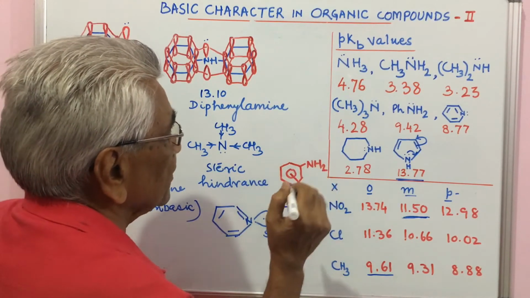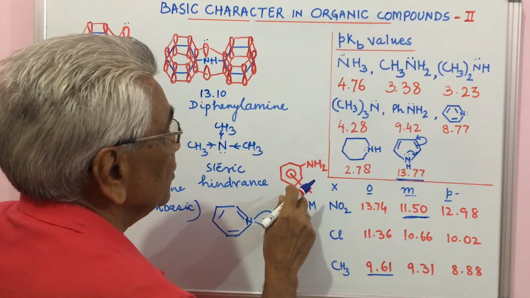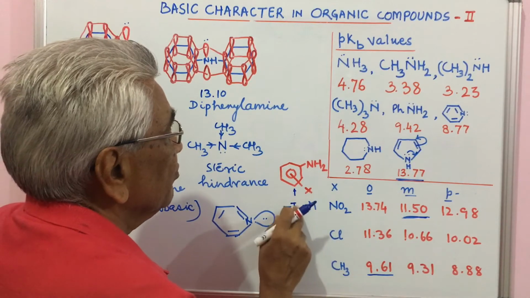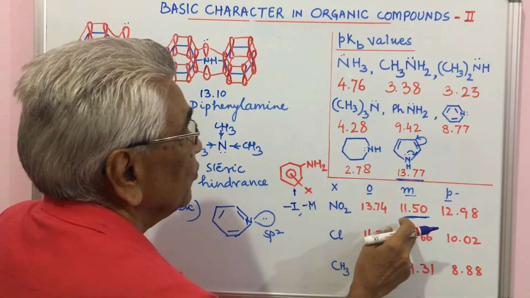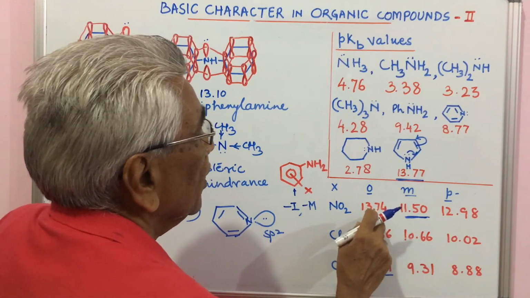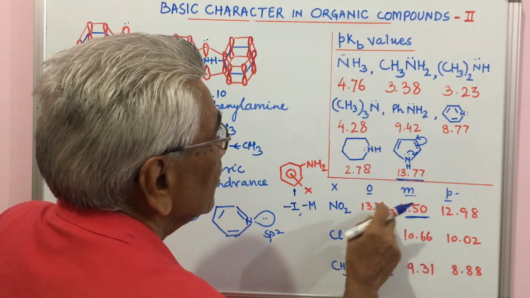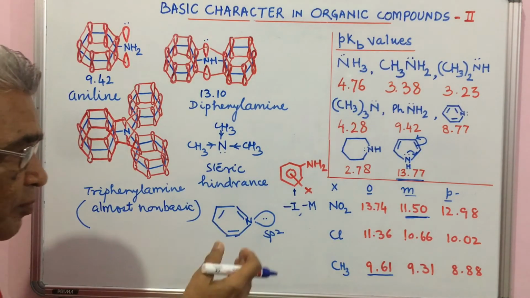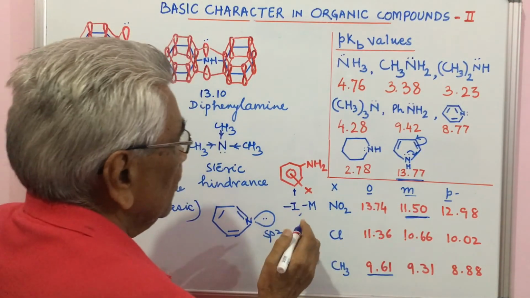Meta remains unaffected. So, here only NO2 exerts the minus I effect. Therefore, this value is 11.50, higher than ortho, sorry, stronger base than ortho.